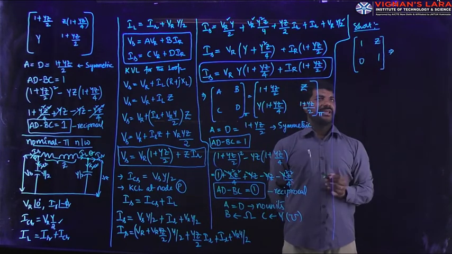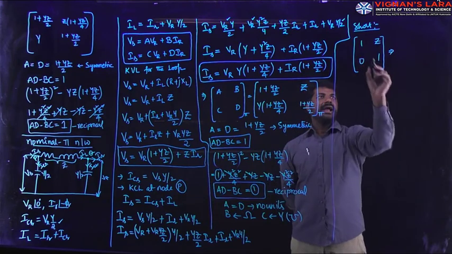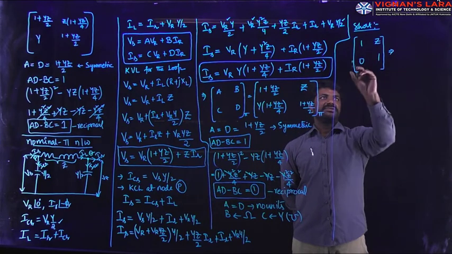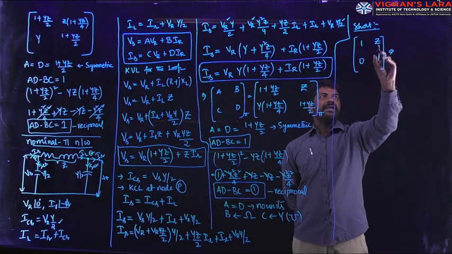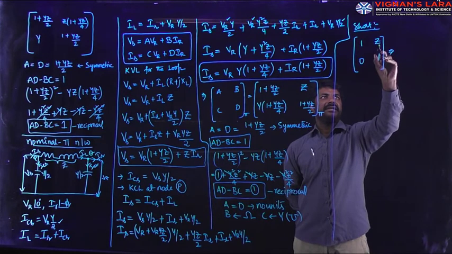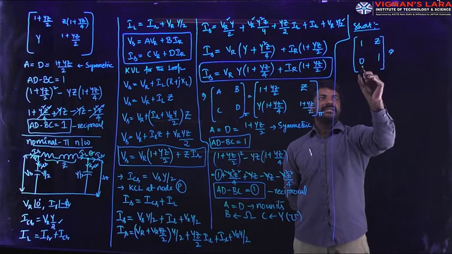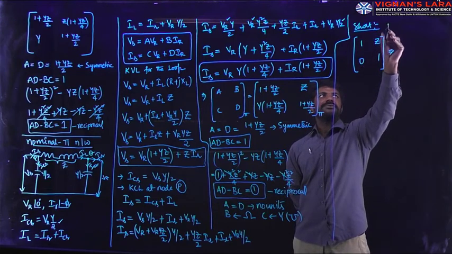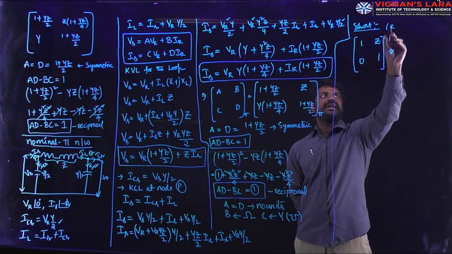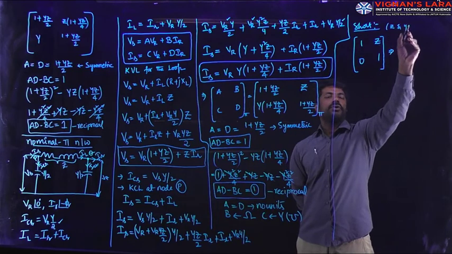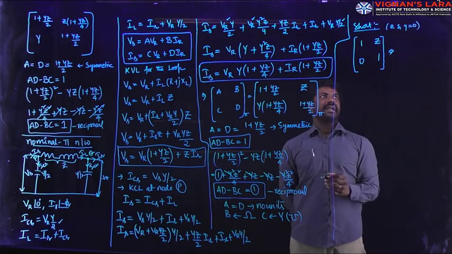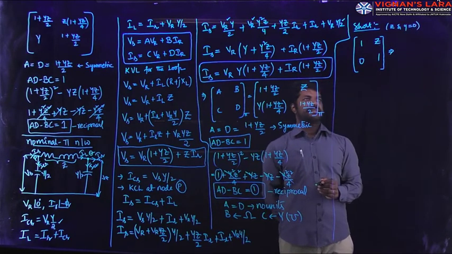If you simplify that, A and D are unitless. Yes, it is verified. And B is having a unit of impedance called Z, yes, this is ohms. And C is having a unit of admittance. Since a short transmission line is represented only with Z and Y as 0, its condition is satisfied. That is why we get C as 0.